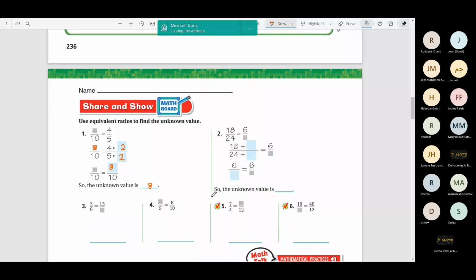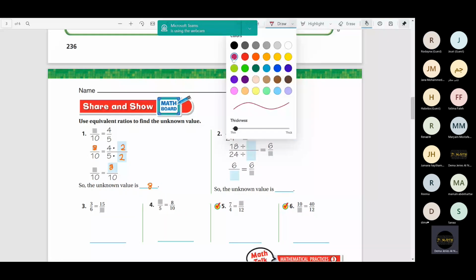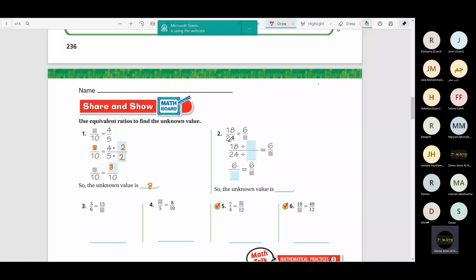See here. Look at this one: 18 over 24 is equal to 6 over something, an unknown number. How do you find the unknown number? You go to the known. What's the number that you multiply or divide 6 by to get 18? 3.